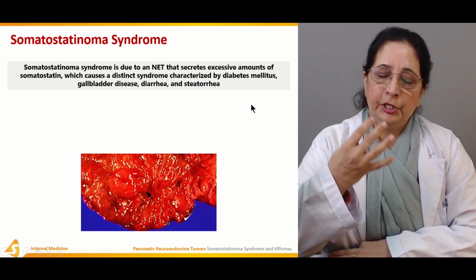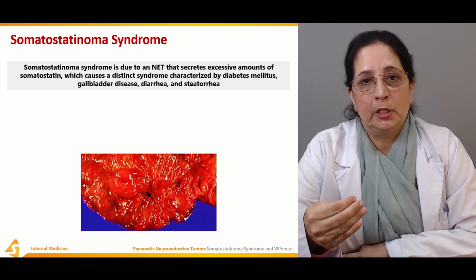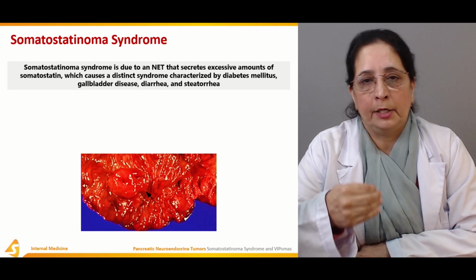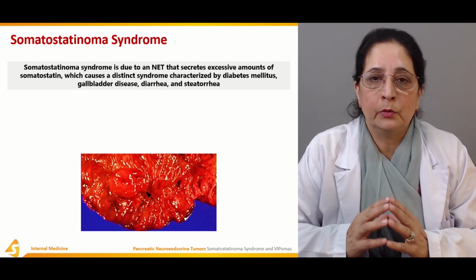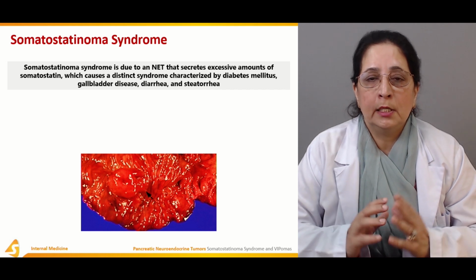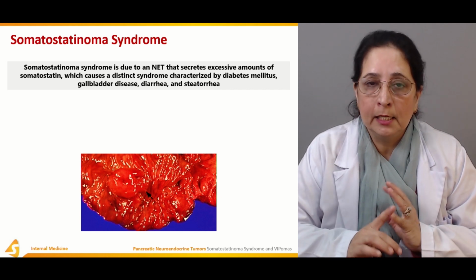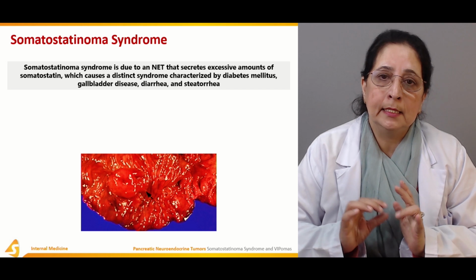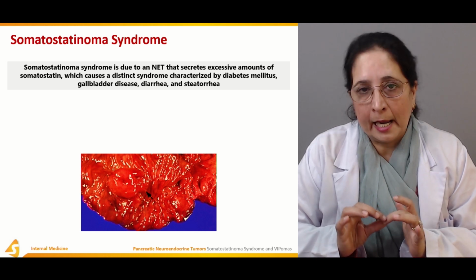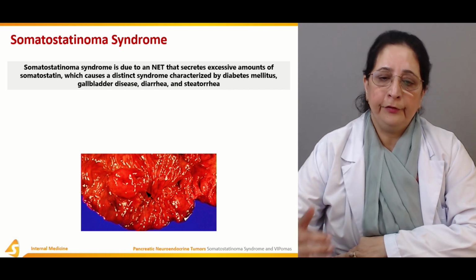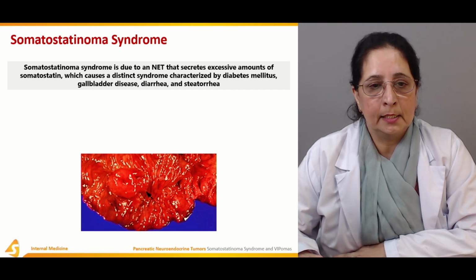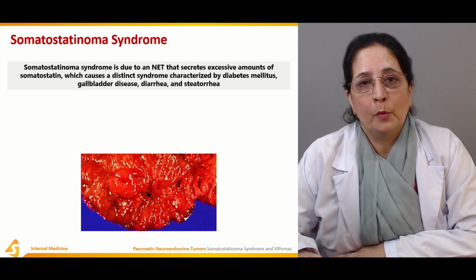So four features are commonly associated with somatostatinoma and increased secretion of somatostatin: diabetes, gallbladder disease, then diarrhea and steatorrhea. So these are four features which are present in somatostatinoma syndrome.